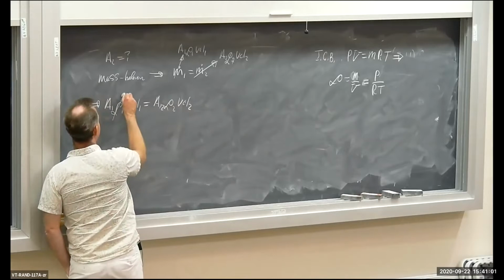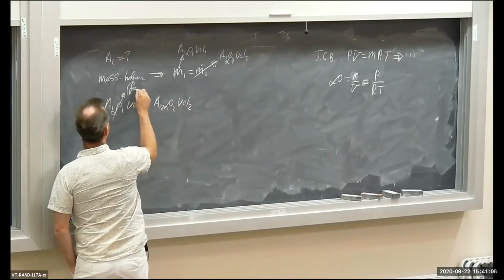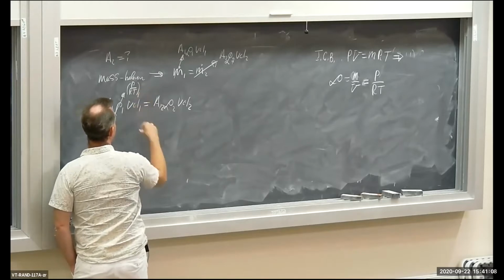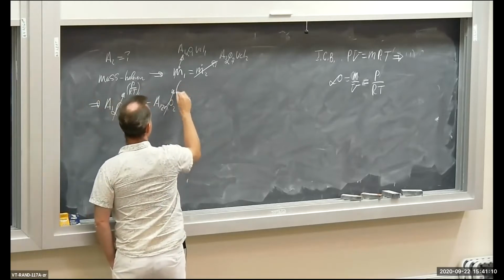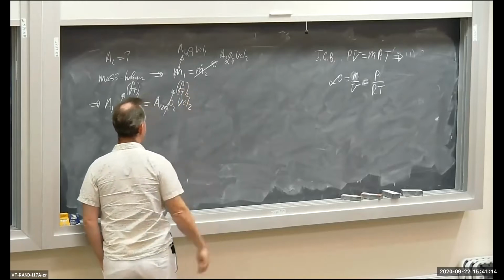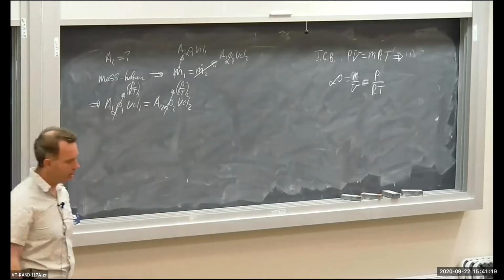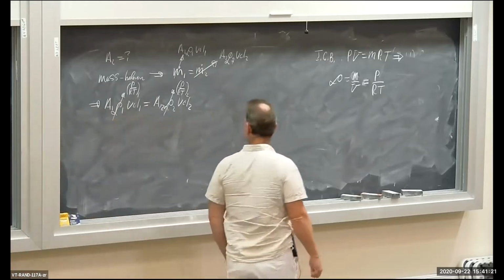So this density is pressure divided by RT evaluated at the inlet, and that one is pressure divided by RT evaluated at the outlet.